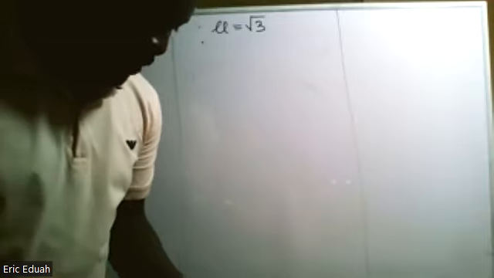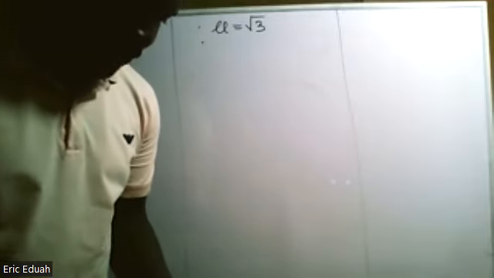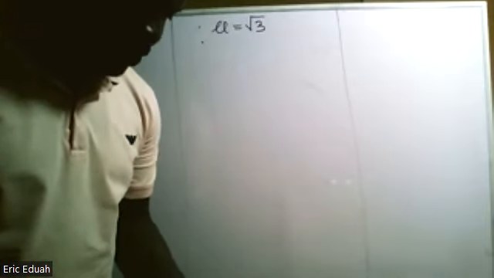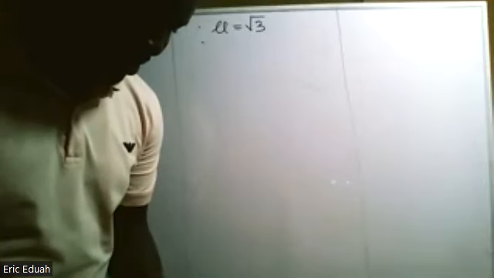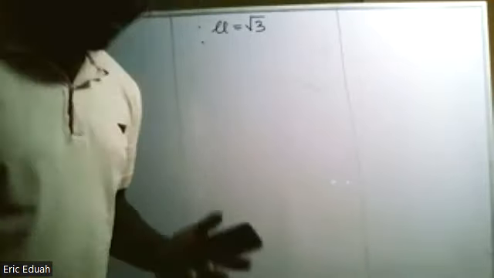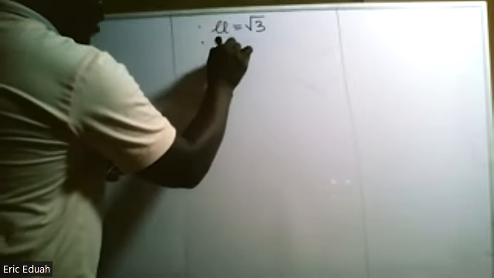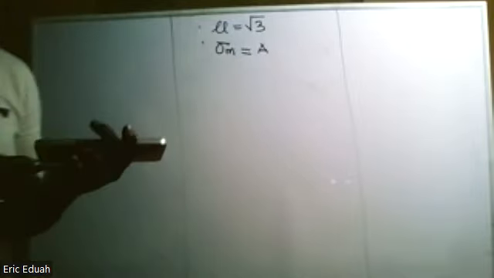So for a glass prism with refractive index √3, the angle of minimum deviation equals the refracting angle. There's a trick within the question.